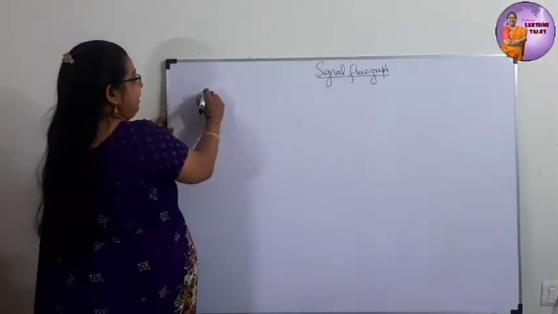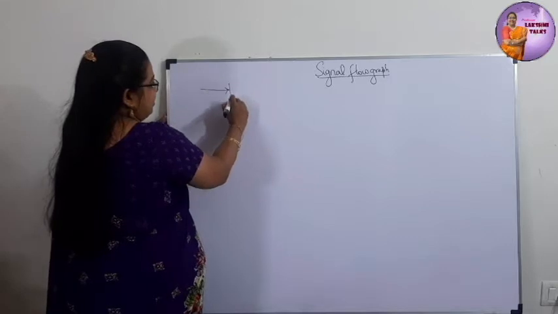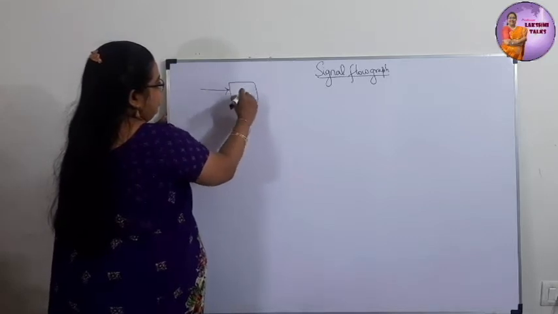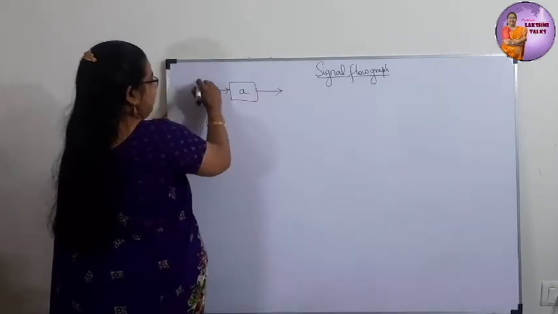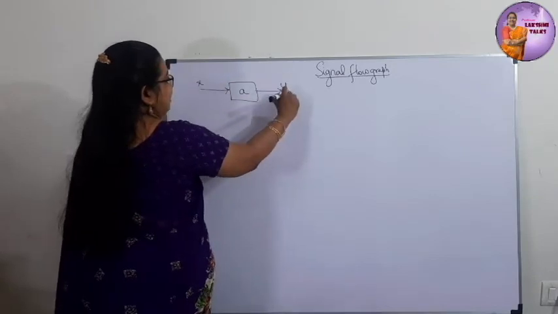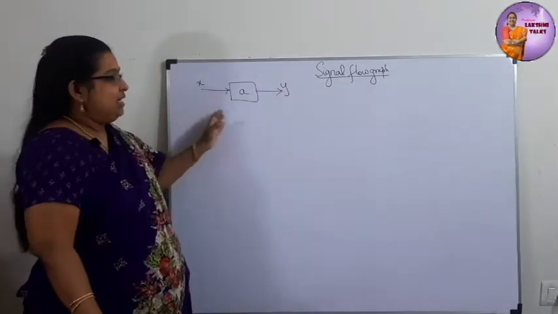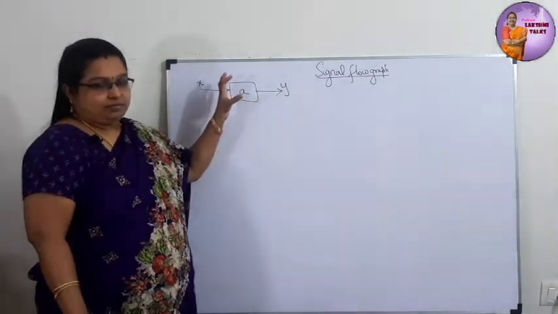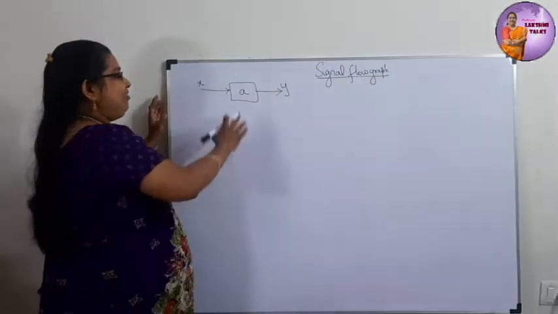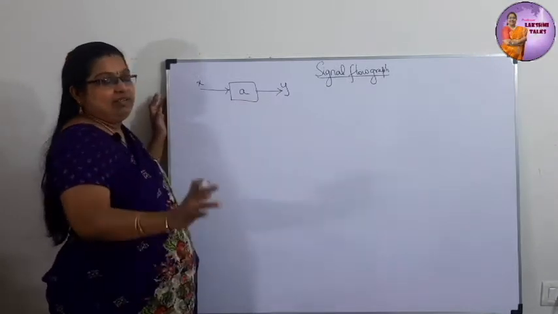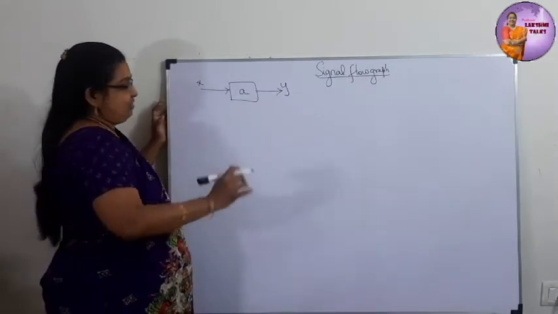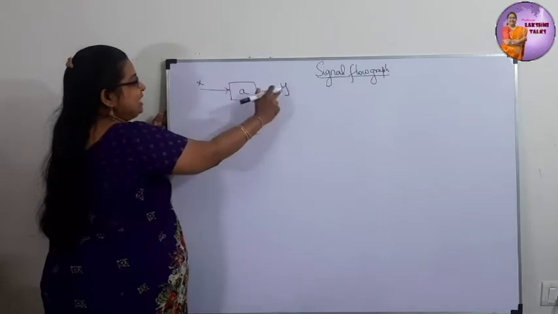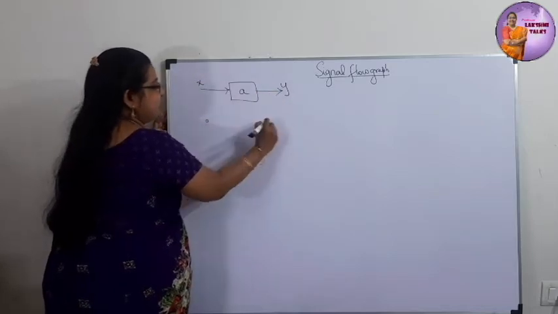In a block diagram, we had X as the input signal, Y as the output signal, and A as the block. If this is to be represented in the form of a signal flow graph, these signals will turn into nodes.